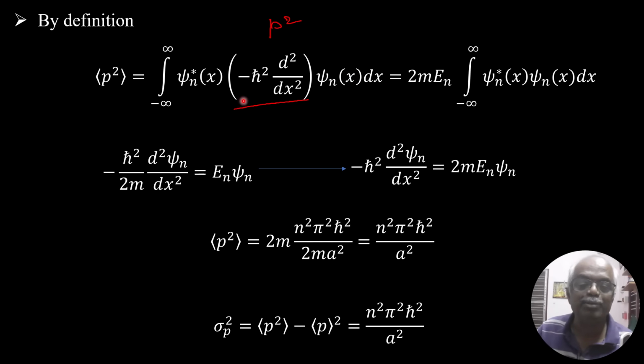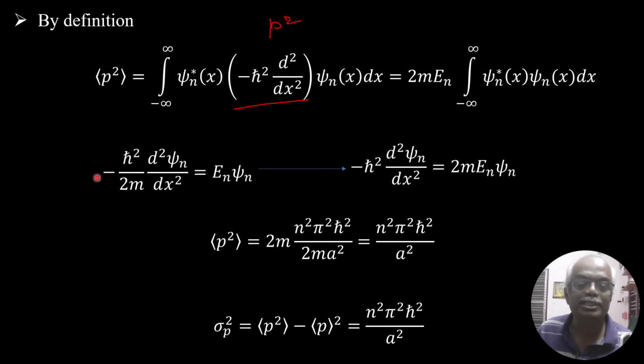Remember that this is applicable when potential is 0. So particularly the box, that is the infinite potential well, there is no potential inside it.